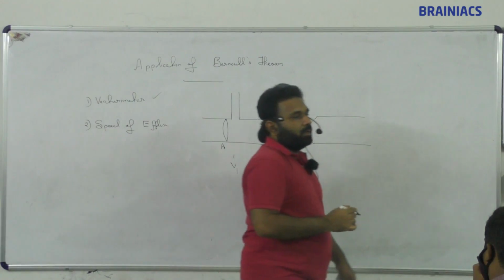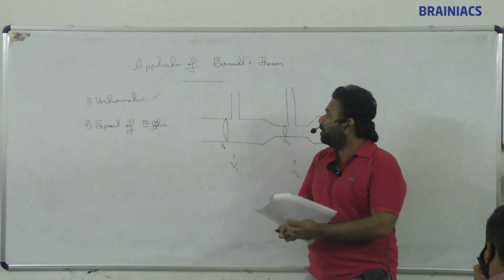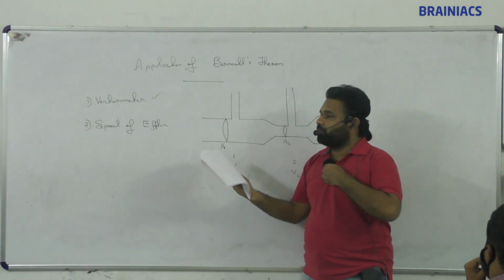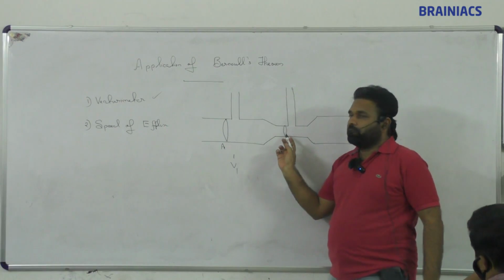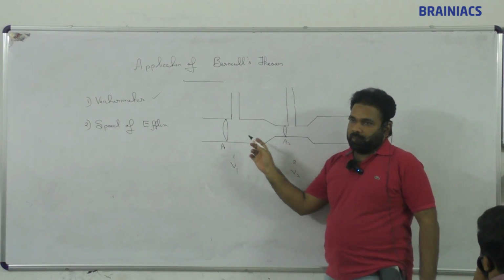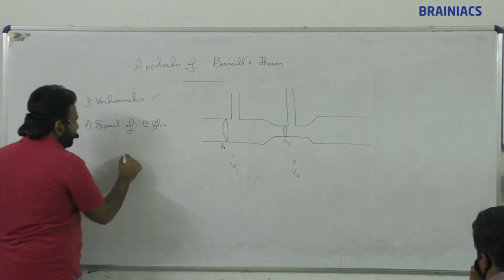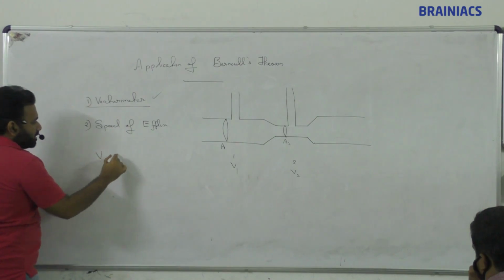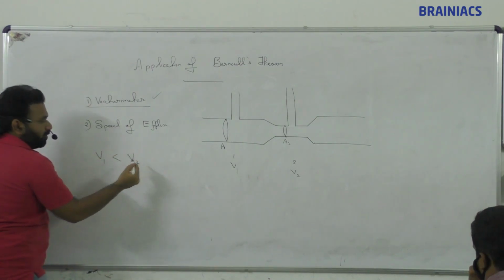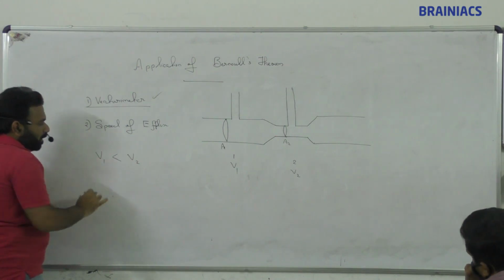Correct or not? So the velocity at this point will be less or more compared to this? Less. So we can write v1 is less than v2. Okay, so what about pressure?